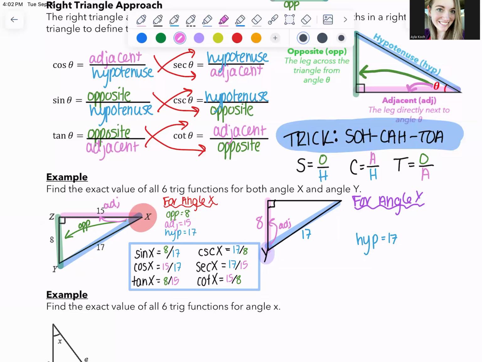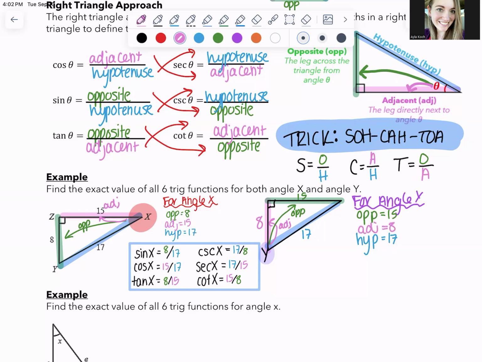And then the side opposite the triangle, opposite, which is 15, is up here. So for angle y, the opposite side is 15 and the adjacent side is 8.